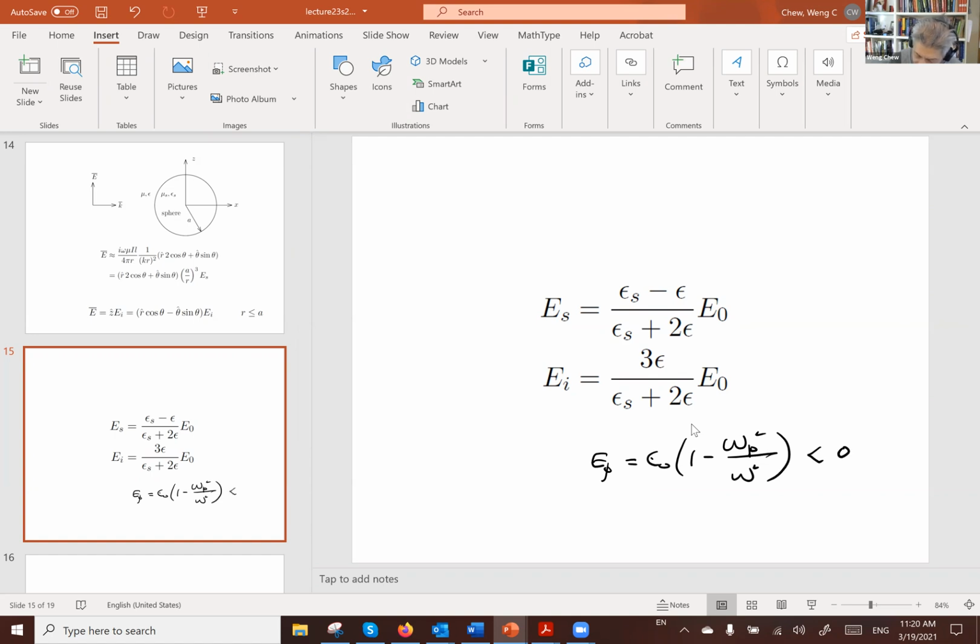And this can be negative if your frequency is less than the plasma frequency. And when the particle has a negative permittivity, these two terms can cancel each other, and you get infinity values. And you remember what infinity values mean.